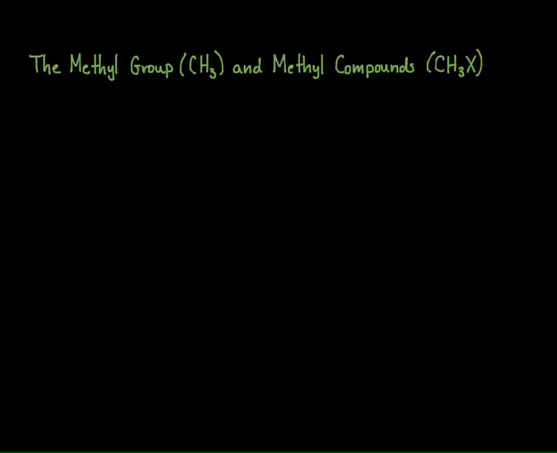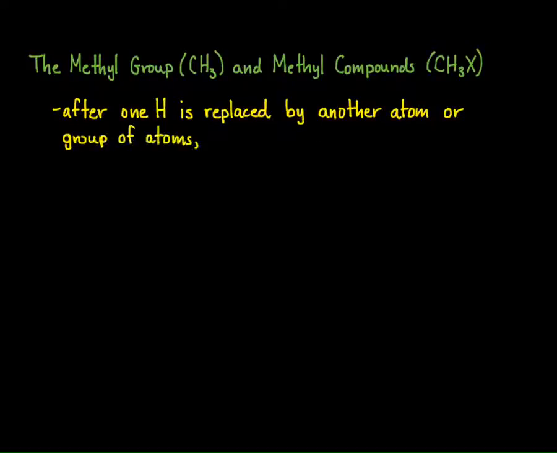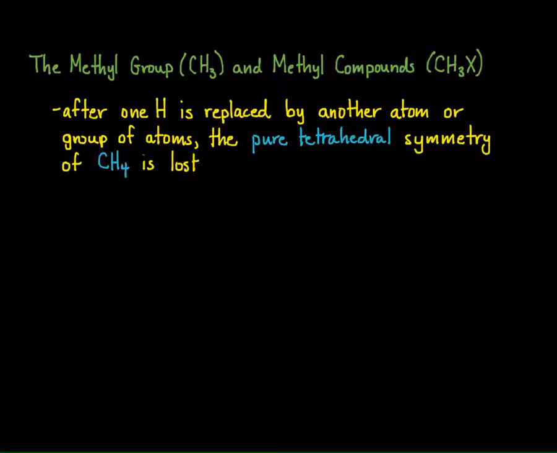One thing to understand is that after a hydrogen is replaced by another atom or group of atoms, the pure tetrahedral symmetry of methane is actually lost. We'll see how that plays out a little bit down the road. When you replace one of the hydrogens with another atom, X, these are called methyl compounds.